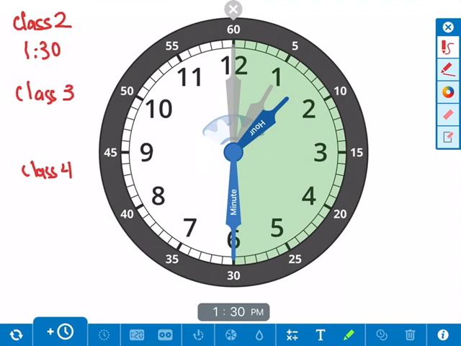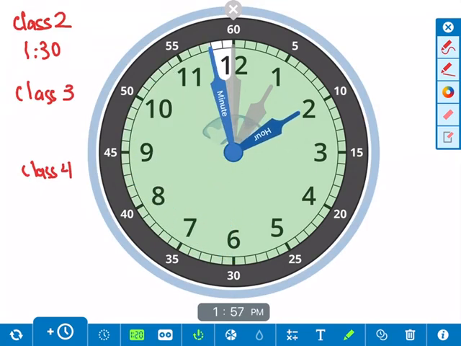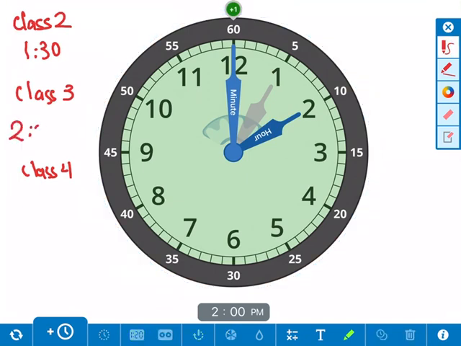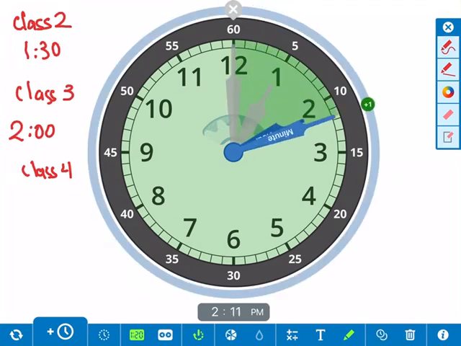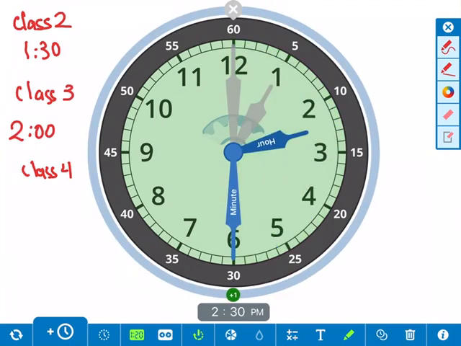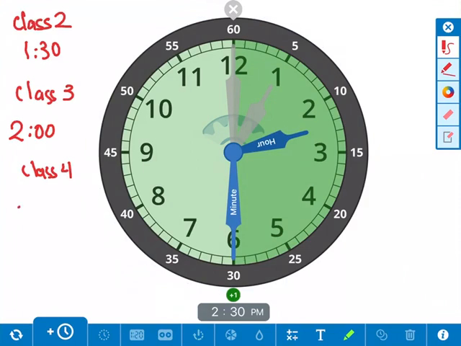So let's pass and see. Another half an hour. So what time? The time now is 2 o'clock. What if we passed another half an hour? Yeah, it would be 2:30.